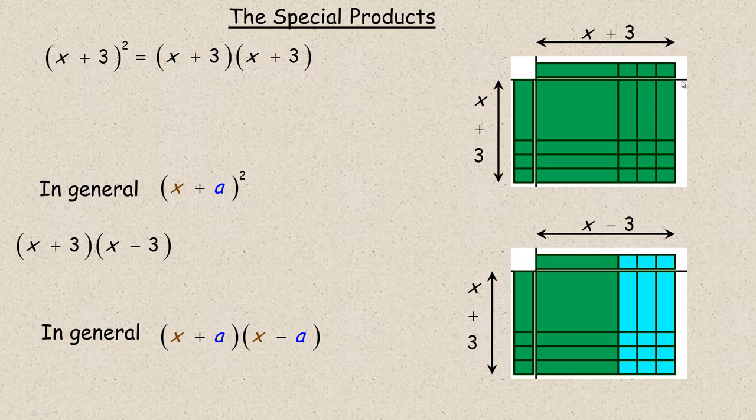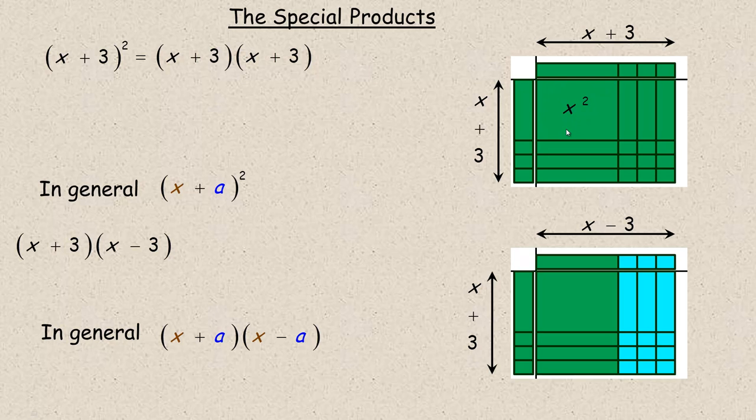Now, when I find the area of this whole thing, these terms give a graphical representation of what x plus 3 times x plus 3 will work out to be. If we multiply these together, this is actually a square because the two dimensions are supposed to be the same, an x by x, or x squared.